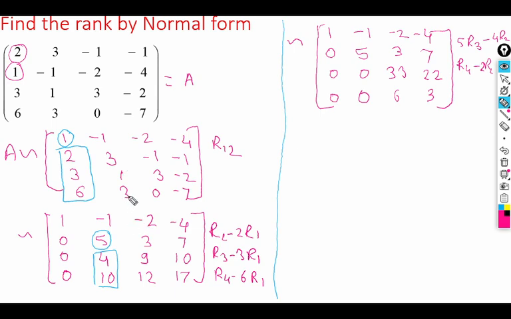R4 is a 3. 3 plus 6 is a 9 here. So this is the silly mistake. If you do this type of mistake, everything goes wrong, and whatever rank you are getting is also wrong. So here is my mistake. I will correct it quickly. A little bit of time will be added to the video now. So don't make these silly mistakes.